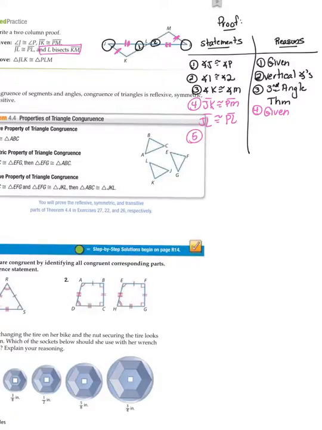So I can say, since L is bisecting KM into pieces, I know bisect means equal pieces. So I can say that LK is congruent, and since I went from L to K, I have to go from L to M, because the order of the letters matters. And that's because I have a segment bisector. Okay, so do you see where I have 1, 2, 3, 4, 5, 6 parts equal to their 6 parts?